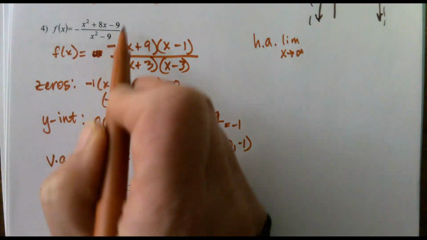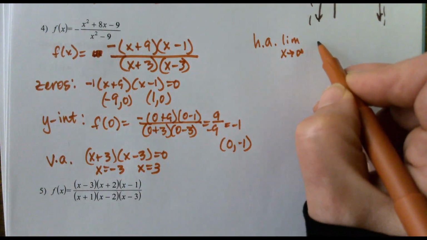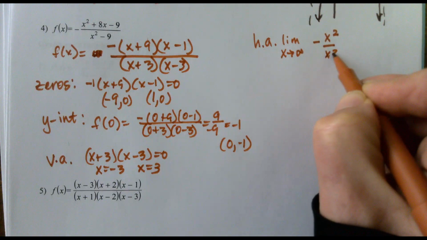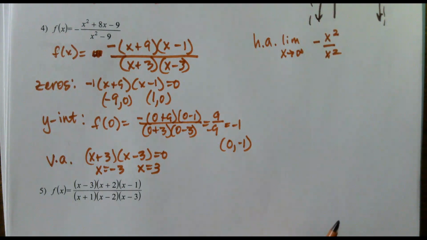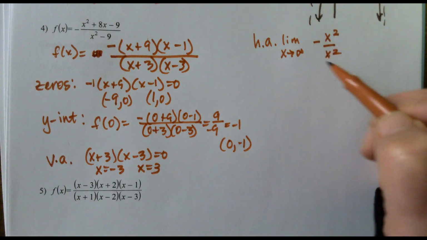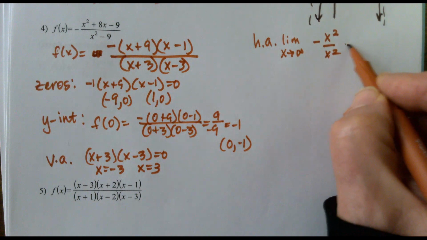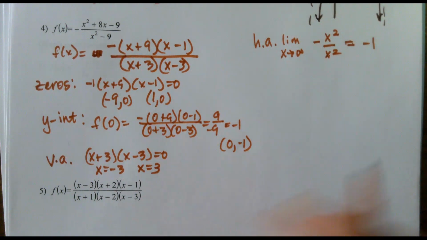I'm going to take it from the unfactored form. It is the opposite of x squared over x squared is really all I care about. It's going to act like this. I can write all the rest of it, but I don't need it. That is negative 1. So it's at y equals negative 1.